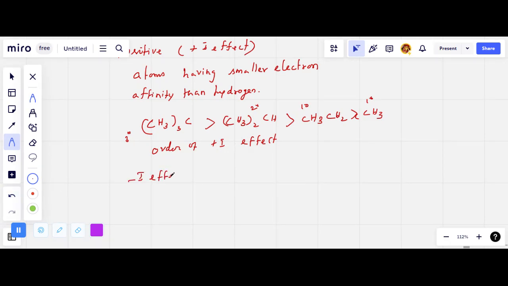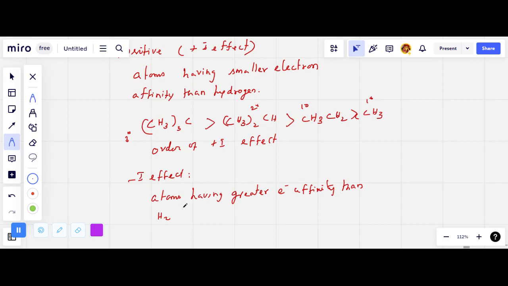அதே மாதிரி இப்போ minus I effect, or negative effect என்ன அப்படின்னா it's having greater affinity. Atoms or group of atoms having a greater electron affinity than hydrogen are said to have minus I effect. Electron affinity na attracting power, electron attract பண்றது.